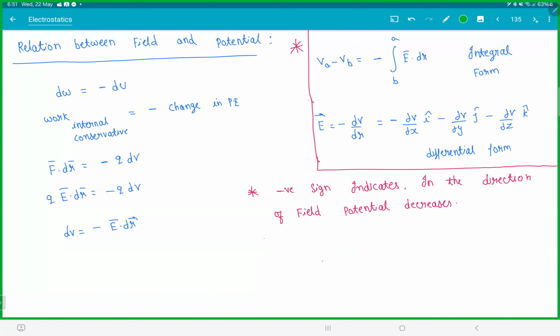Are you getting this? So if they frame a question like this, this is point A and this is point B. Can you tell me who has more field and who has more potential?